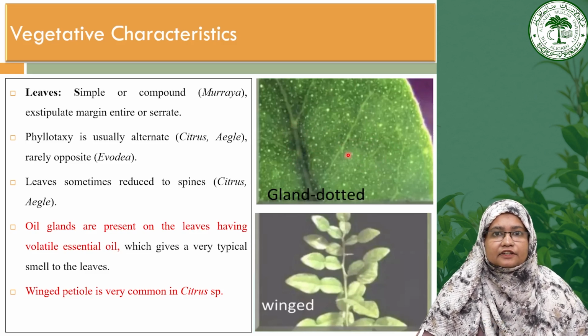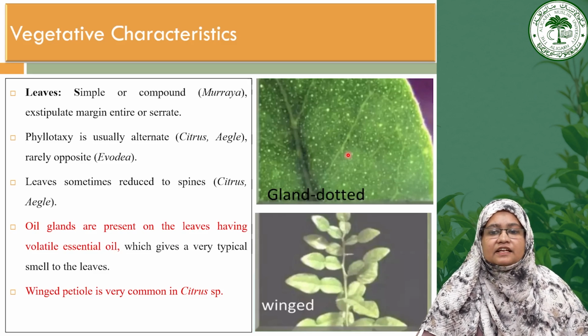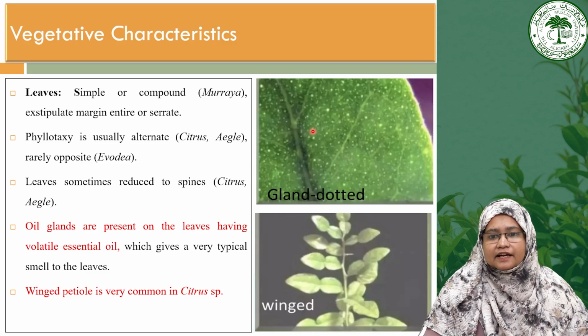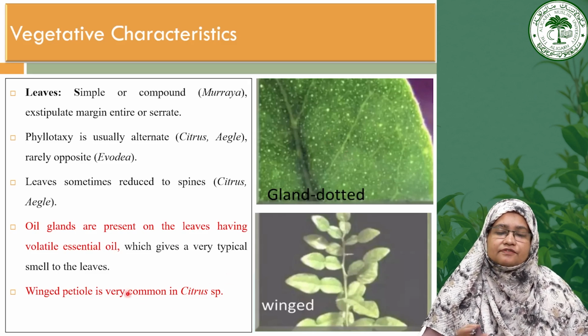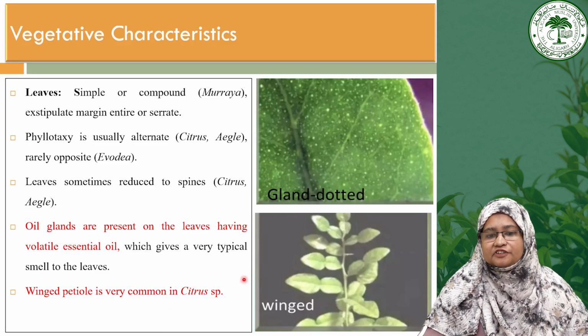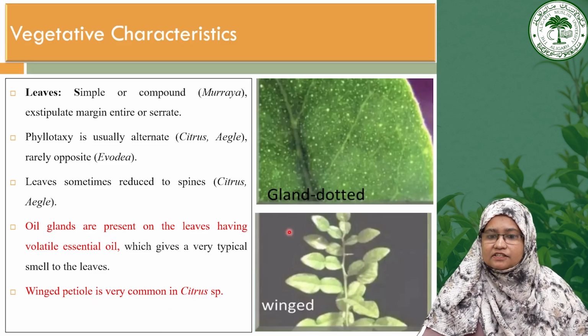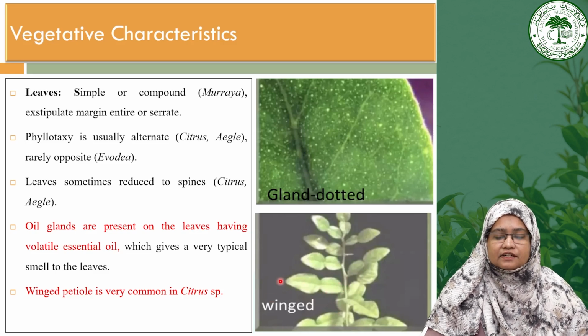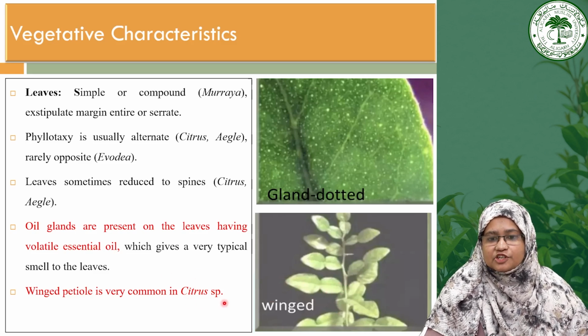So the aromatic nature of this particular plant body is due to the oil glands, and especially the leaves have multiple glands, as shown in this figure. Then the next feature is the presence of winged petiole in the case of citrus species. As we can see from this figure, these are the winged petioles of the citrus species. This is also a very diagnostic character of the citrus species.